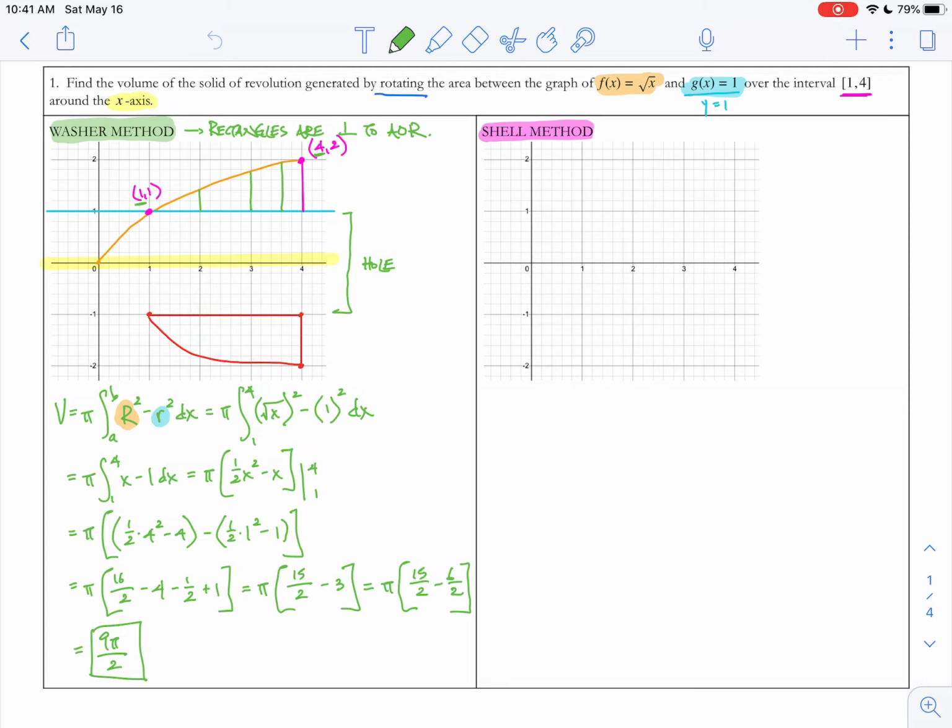it using shell method. Let's start with a diagram, and the first part of the diagram is going to be very similar. So I'm going to draw the orange curve, the blue curve, and then the red reflection.